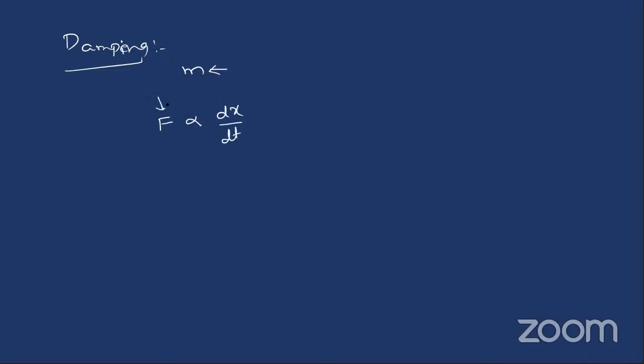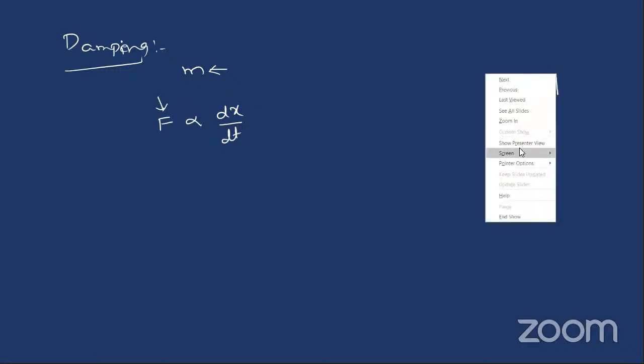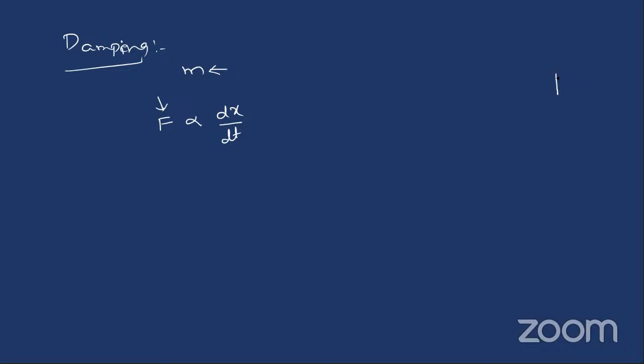Now, this frictional force is always proportional to the velocity. If the spring is moving with a little higher velocity, there will be an equivalent force which is proportional to it, resisting it. If it is moving with a little lower velocity, there will be an equivalent, smaller force to resist it.